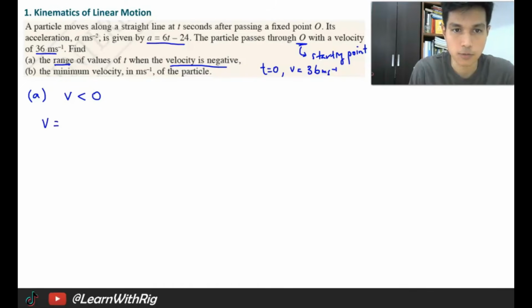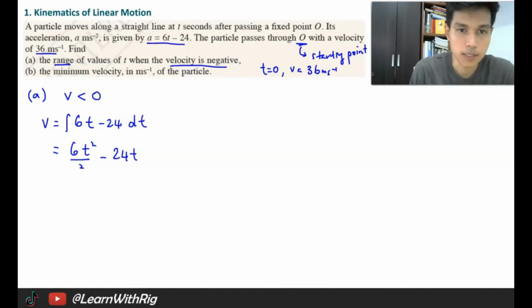So you integrate the acceleration, 6t minus 24 dt. You get 6t square over 2 minus 24t, don't forget to plus c. So you simplify this, you should get v equals 3t square minus 24t plus c.